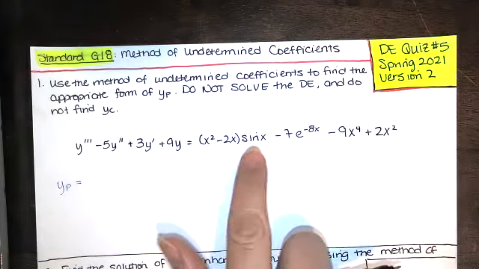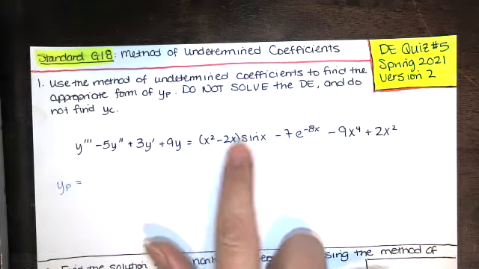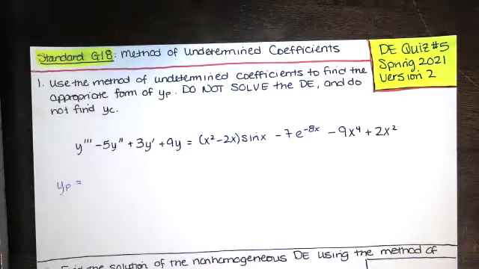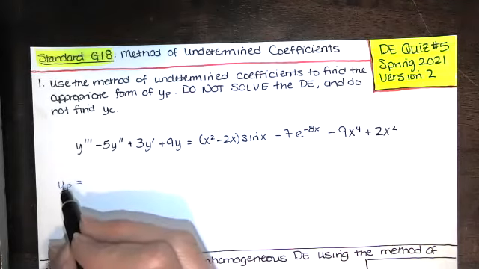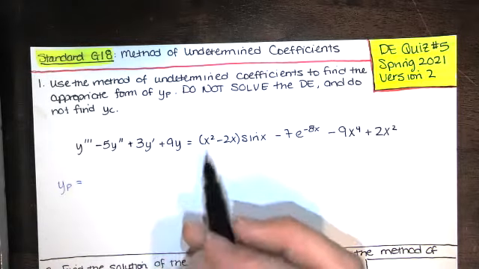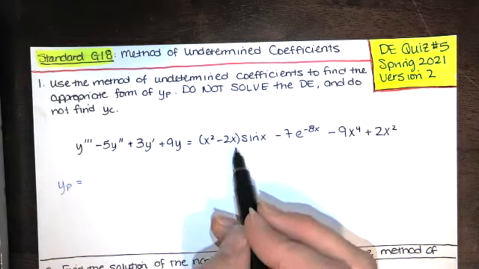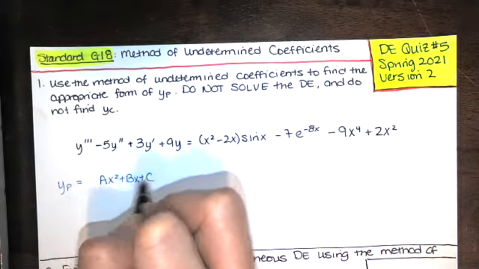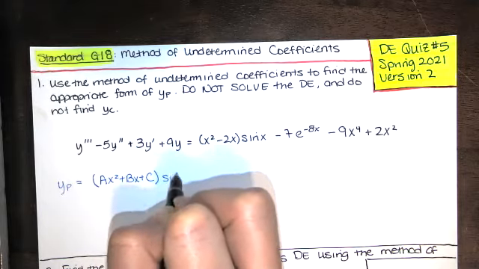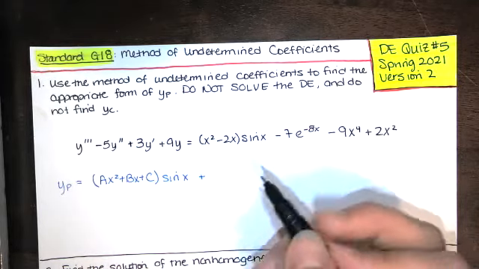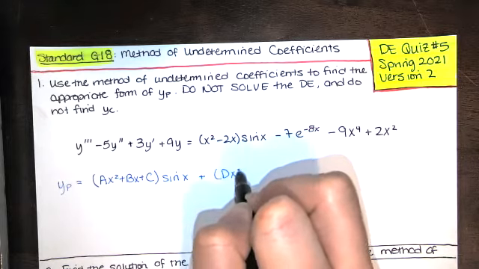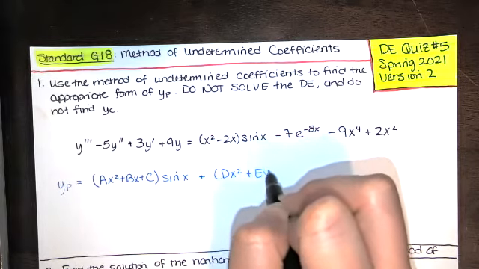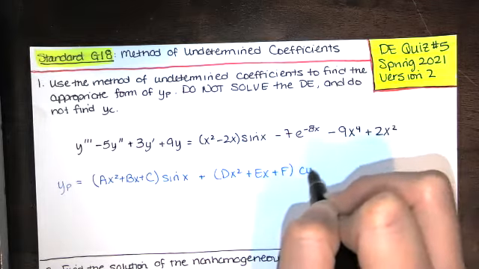When I look at this, I see a second degree polynomial times sine of x. Derivatives of sine of x and cosine of x lead to sine of x and cosine of x. So for my educated guess, I'm going to guess a second degree polynomial, ax squared plus bx plus c, times sine of x, but also a second degree polynomial, dx squared plus ex plus f, times cosine of x.